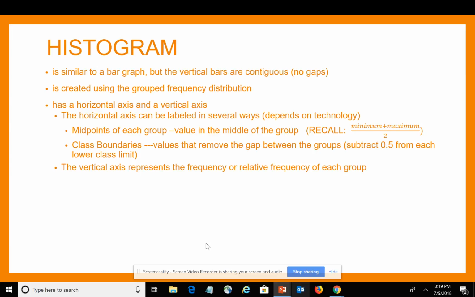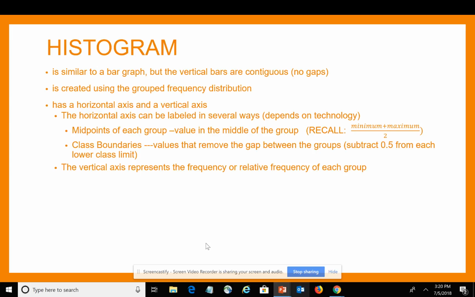On the horizontal axis, we would have the group values, and there's different ways to label that. It kind of depends upon which technology you're using, whether it's a calculator, a free website, Microsoft Excel, whatever. The two most common values used are either the midpoint of the group or the class boundaries.